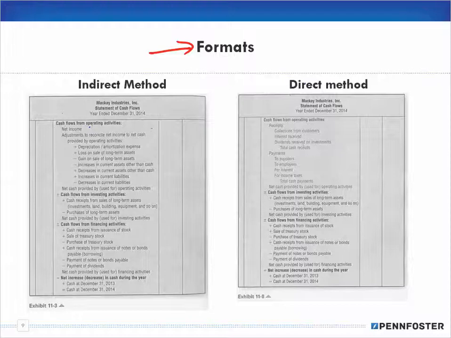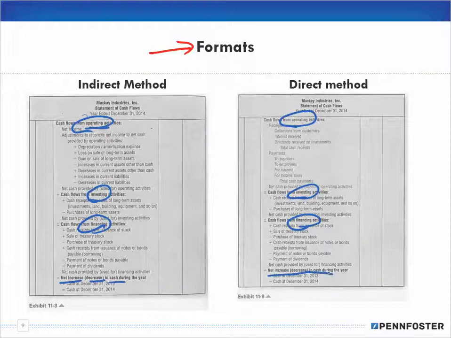But notice, and we'll get into that in the next video, that there's an operating section here in the statement of cash flows for the indirect method. There's an investing activities, so operating, investing, and financing. Over here in the direct method, operating, investing, and financing. All right, and then that gives you your net increase or decrease in your cash during the year.